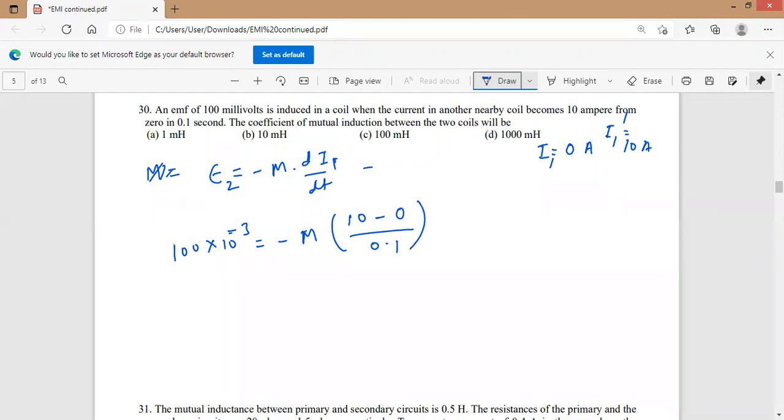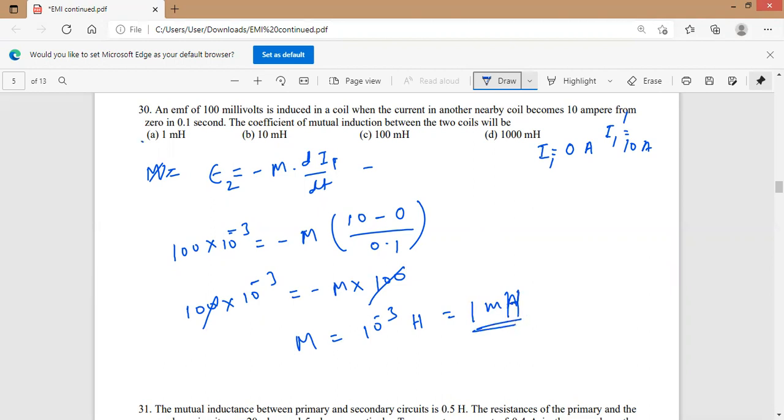So 100 into 10 to the power minus 3 is equal to minus M into 10 by 0.1. 10 by 0.1 means 100. This 100 and this 100 get cancelled. Then the mutual inductance is equal to 10 to the power of minus 3 Henry, that is 1 millihenry. Option A is the correct answer.